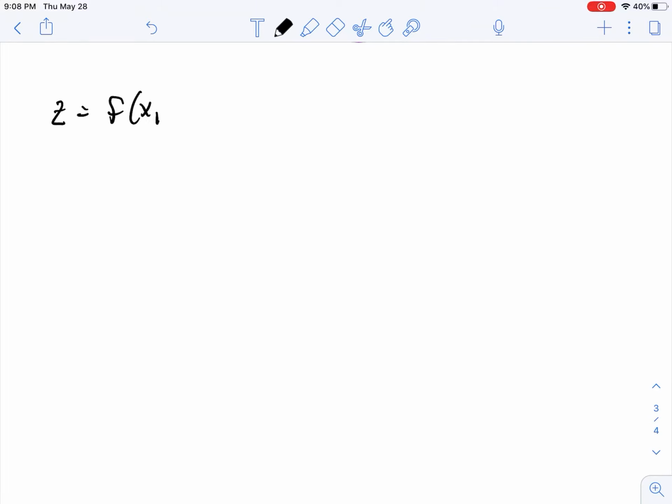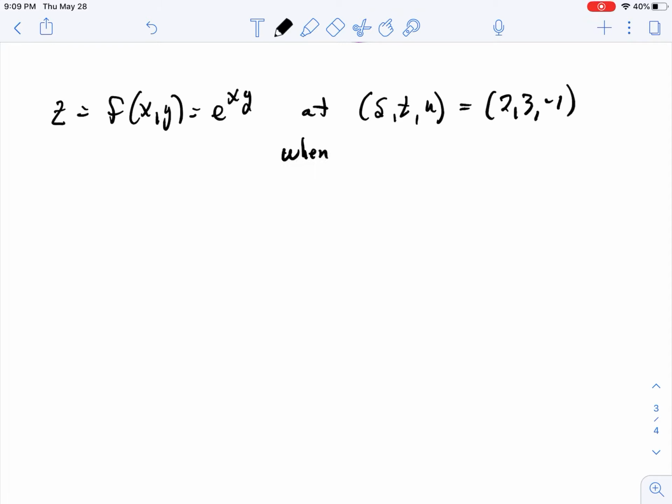All right, so let's say we have again z equals f of x, y equals e to the xy. And we'll represent this a little bit differently. I'm going to say at s, t, u, and the point is 2, 3, negative 1.